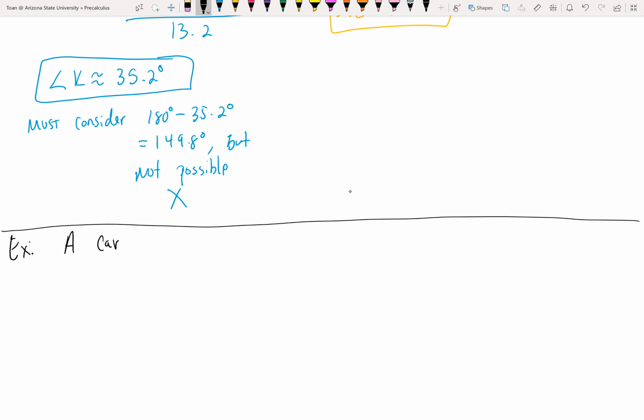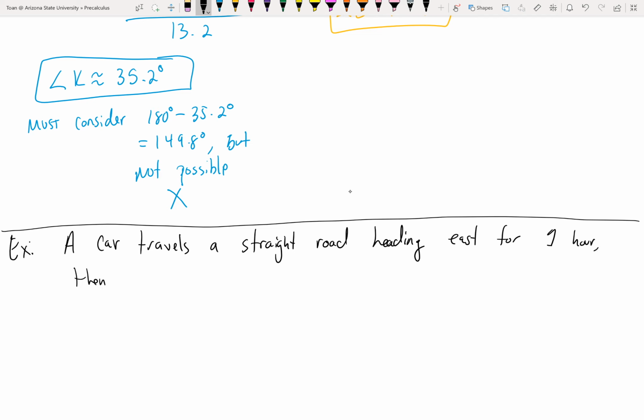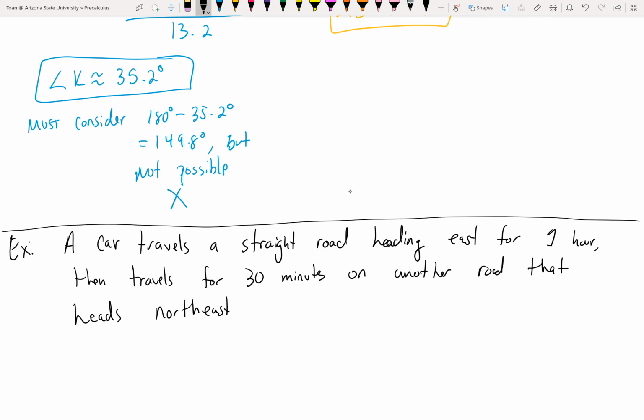So suppose I told you that a car travels along a straight road heading east for 1 hour, then travels for 30 minutes on another road that heads northeast.